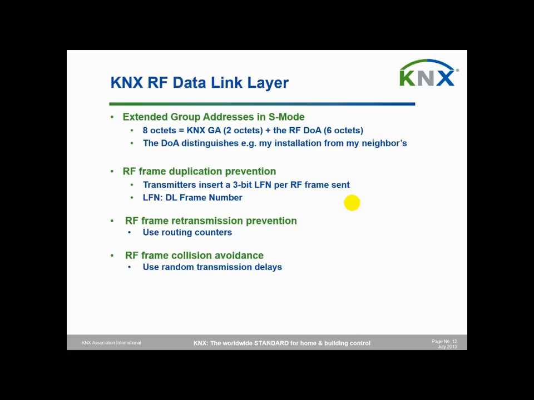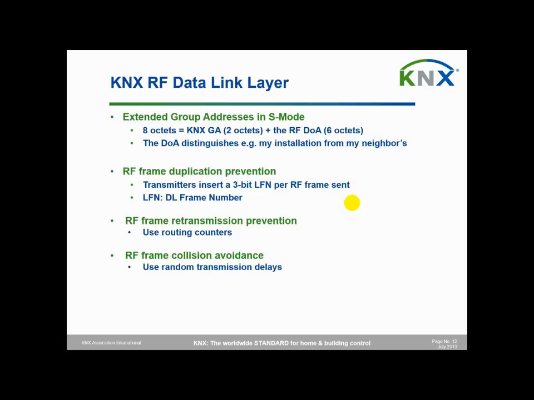In the data link layer we will also see that transmitters will insert a 3-bit LFN, a data link layer frame number. So it's a kind of sequence number, in order to prevent frame duplication. That means that a receiver will check this 3-bit information, just to make sure that if 2 frames are received one after another with the same number, then the second shall be discarded.